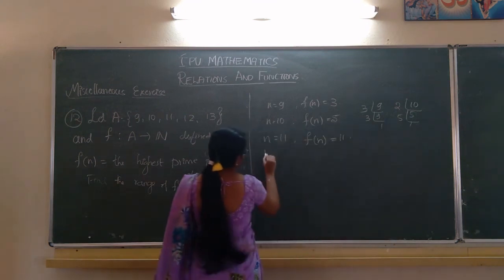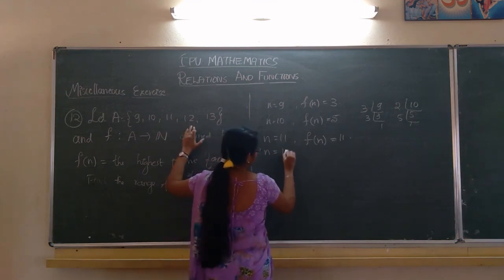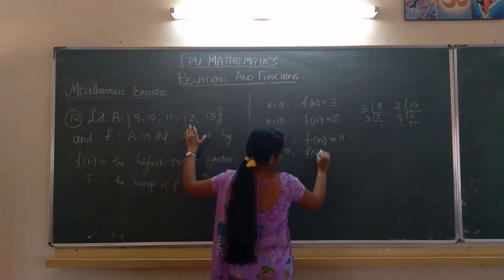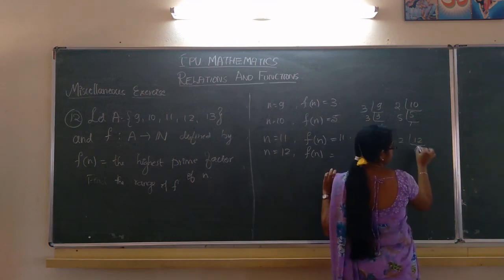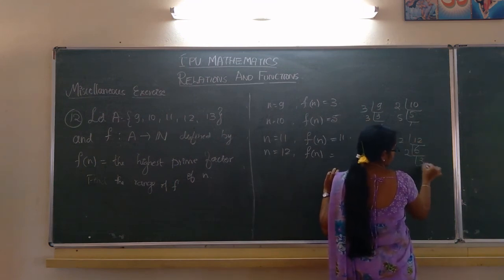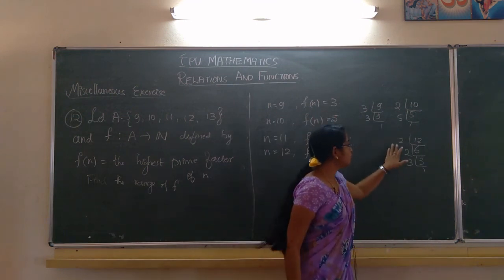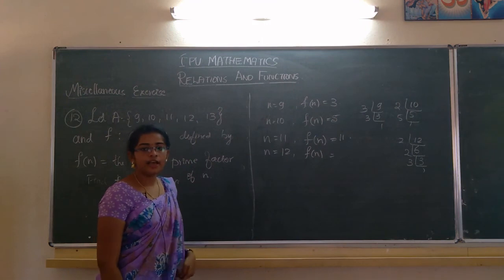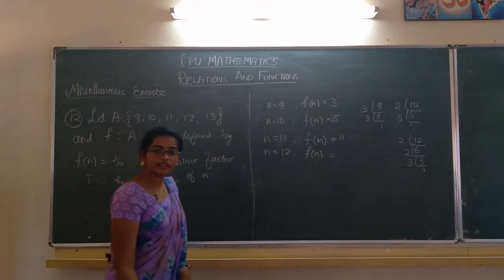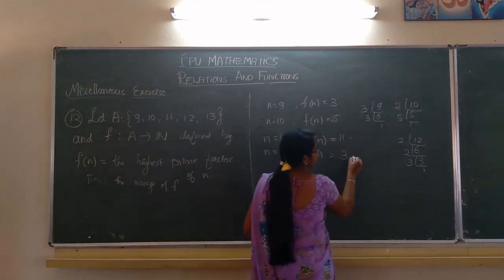Now coming to the next one, that is 12. What is F of N? Divide 12. 2 and 3 are the two prime factors of 12, and 3 is the highest one.